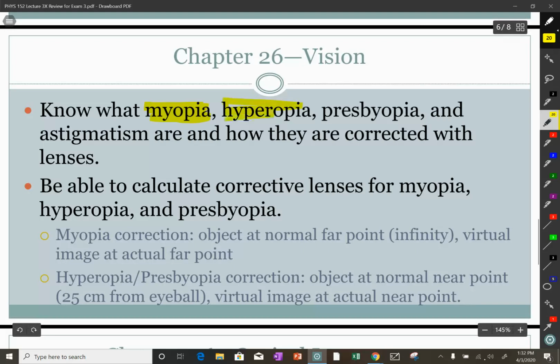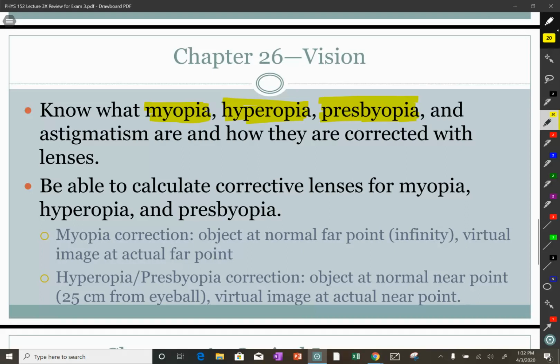Hyperopia, otherwise known as farsighted: you can see far things, but not near things. Presbyopia, old person vision, is when the crystalline lens hardens, so it stops you from adjusting your focus to see close things.